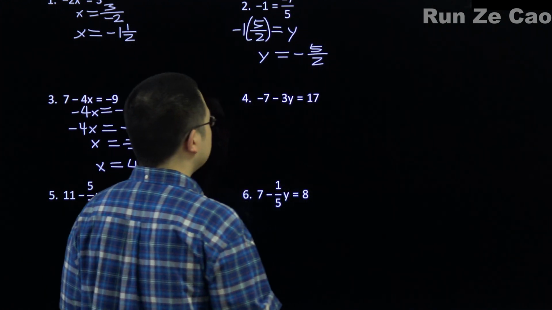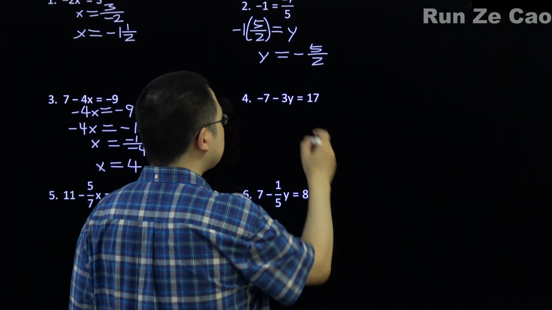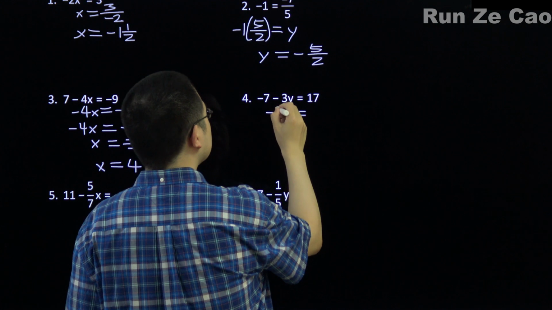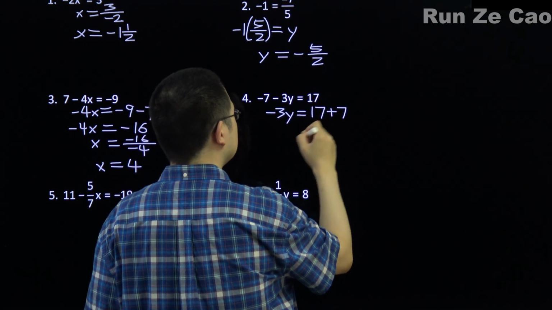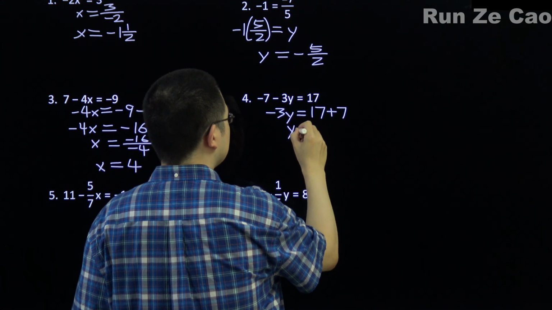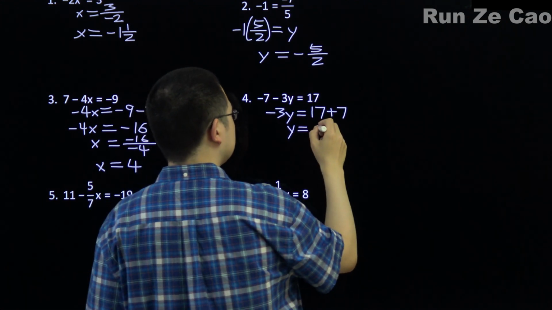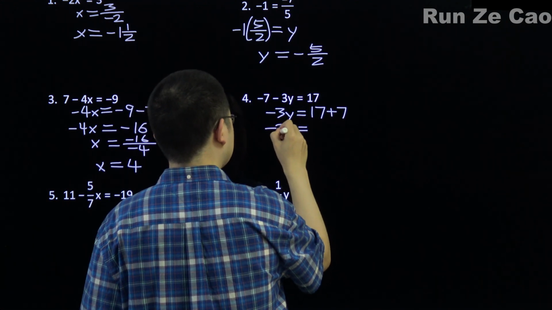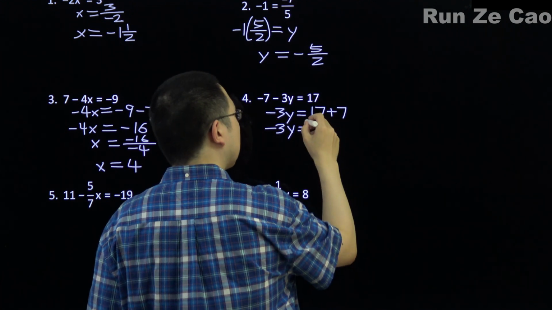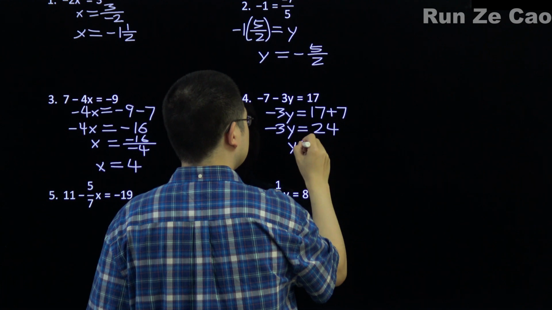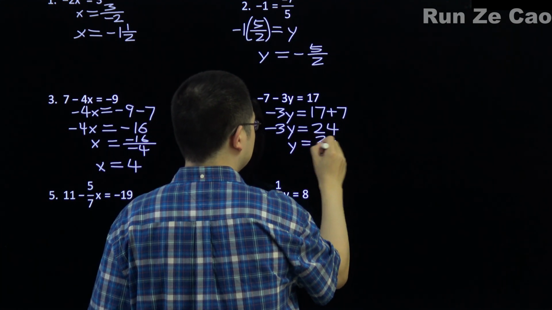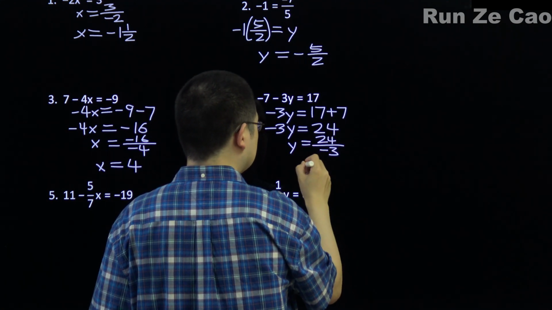Negative 7 minus 3y equals 17. That means negative 3y is equal to 17 plus 7. So negative 3y is equal to 24. Y is equal to 24 over negative 3.